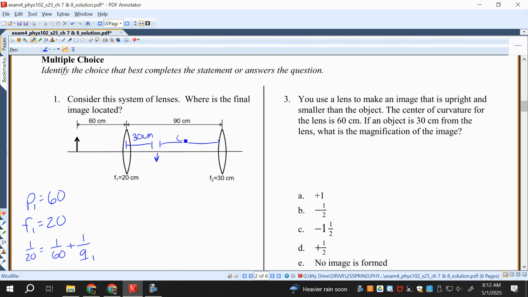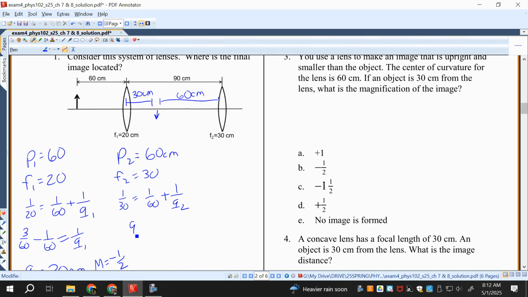So that's 30 centimeters. This then, 60 centimeters. So that's P2 is equal to 60 centimeters. F2 is equal to 30. 1 over 30 equals 1 over 60 plus 1 over Q2. That's 2 over 60. So Q2 is equal to 60 centimeters.